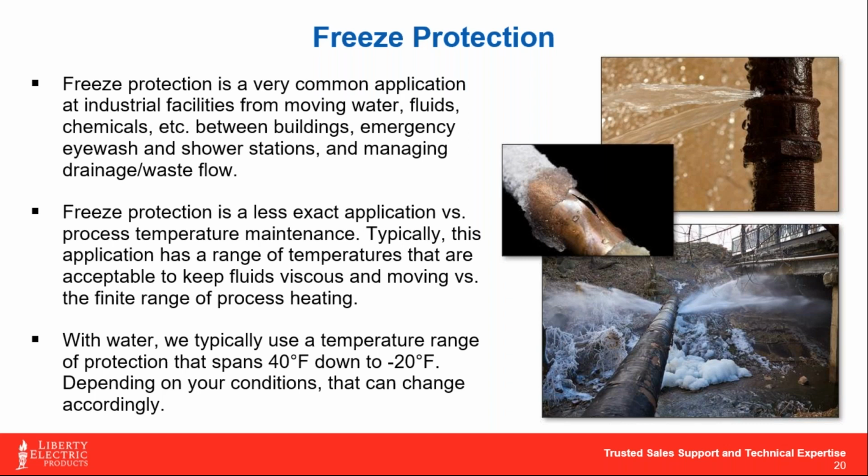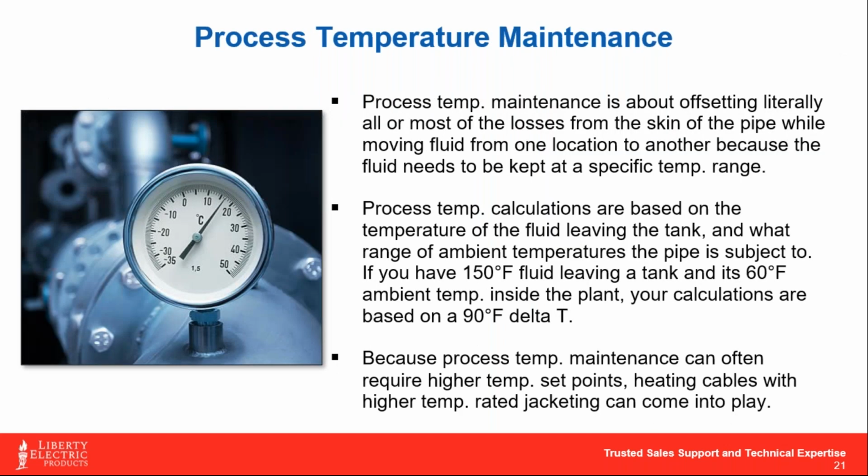So, typically, when we're doing something for freeze protection like water, here in upstate New York, we use a temperature range of, say, 40 degrees down to -20, giving us roughly a 60-degree delta T. Okay. We've done several where it's, say, 40 degrees down to -40. So it's a very predictable temperature variance that we're designing for. And then when you've got process temperature maintenance, this is really about being exact. This is about being precise.